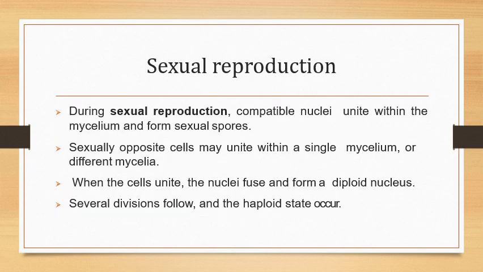Sexual reproduction. During sexual reproduction, compatible nuclei unite within the mycelium and form sexual spores. Sexually opposite cells may also unite within a single mycelium or different mycelia. When the cells unite, the nuclei fuse to form a diploid nucleus, and several divisions follow so that the haploid state will occur.